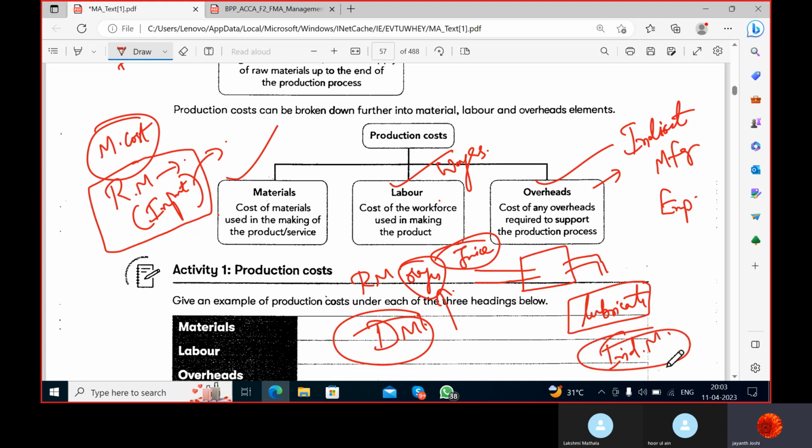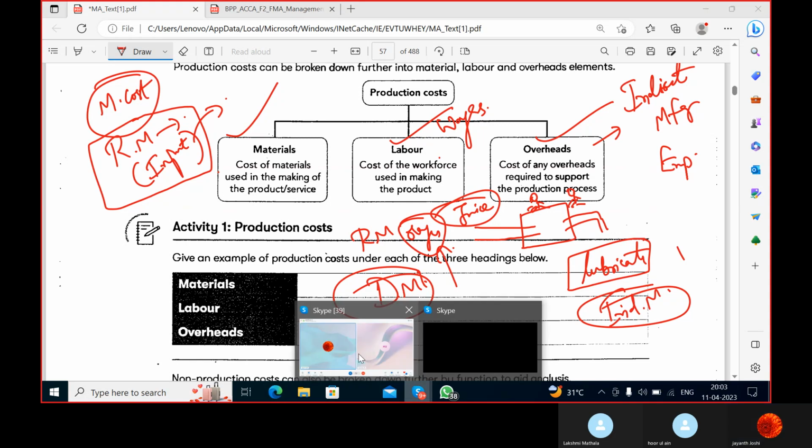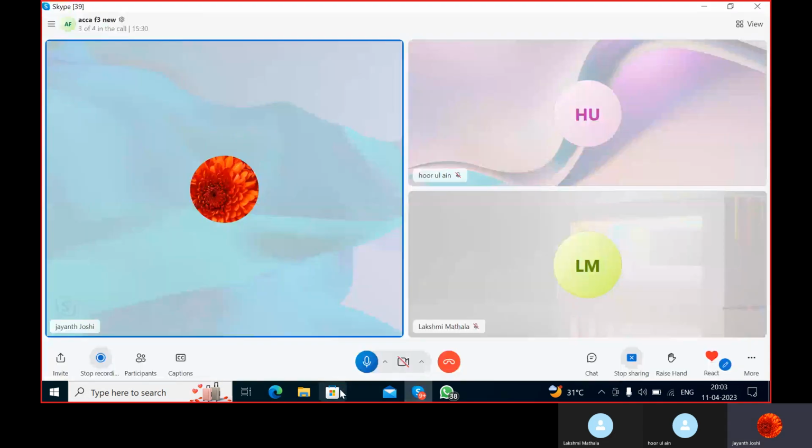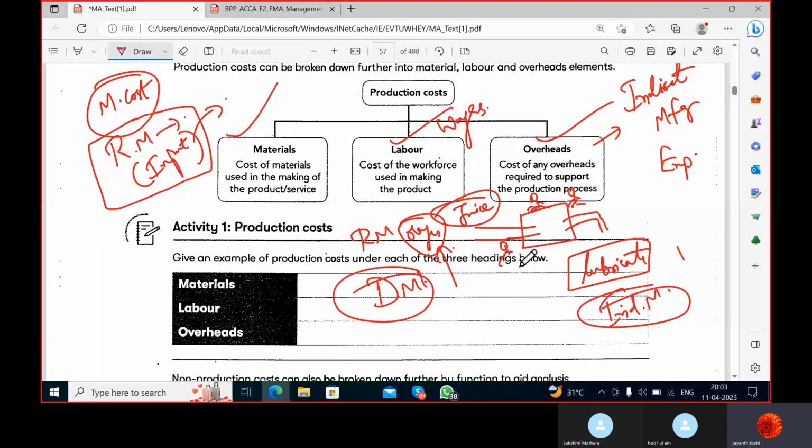Yes. Now coming to wages. This machine is operated by 5 labors: labor 1, labor 2, labor 3, labor 4 and labor 5. These 5 labors are working on this machinery directly. That means they are directly involved in this production process.